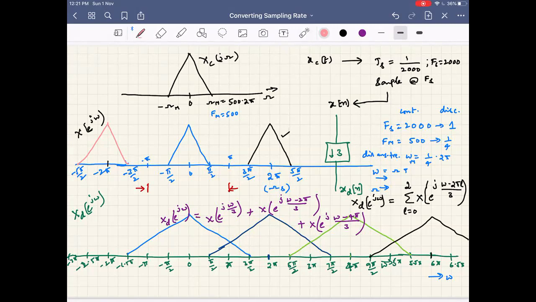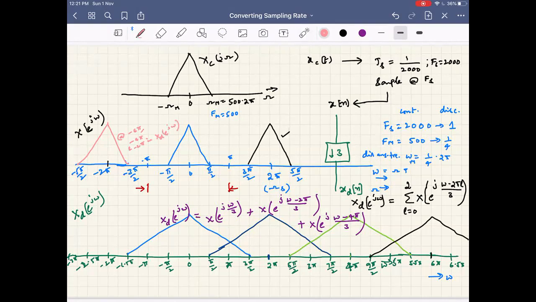So at minus 2 pi, minus 4 pi, minus 6 pi it will have a replica in X(e^jω).